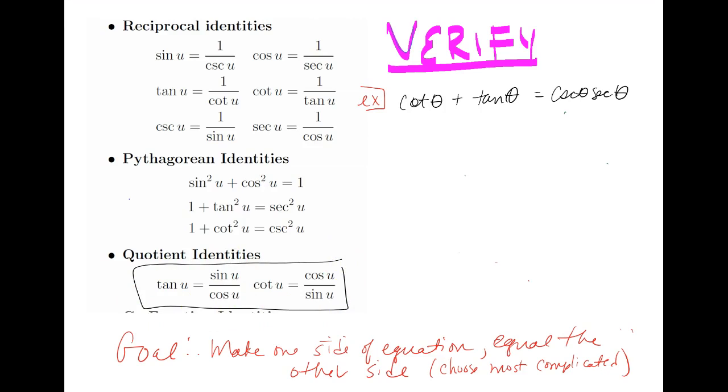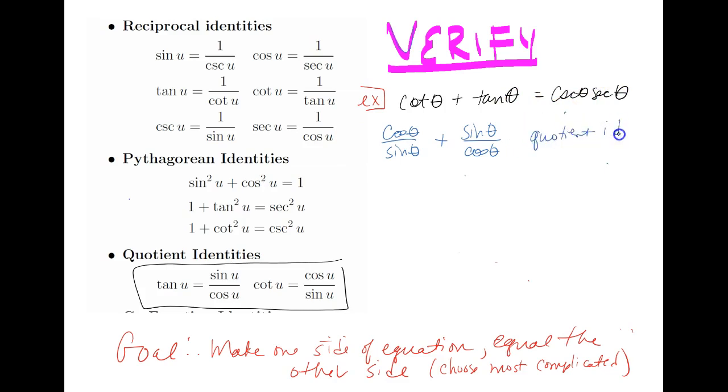So my first step, I would say, well, cotangent is actually cosine over sine, plus, tangent is actually sine over cosine. And remember, you leave this side alone, you're just trying to end up there. My first step is I would just write out that I used my quotient identities.